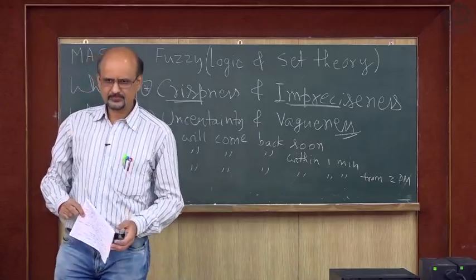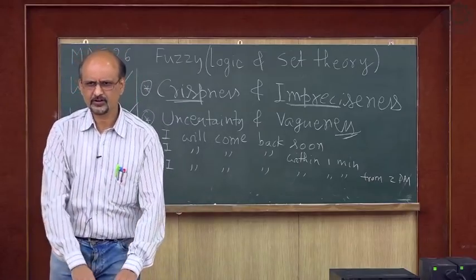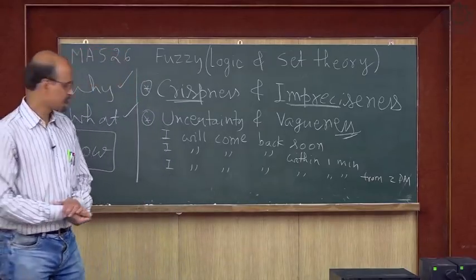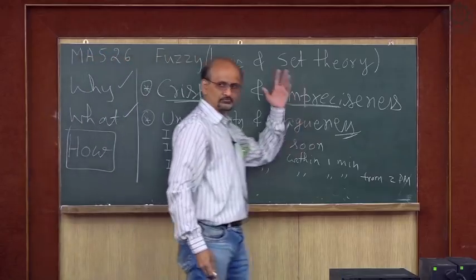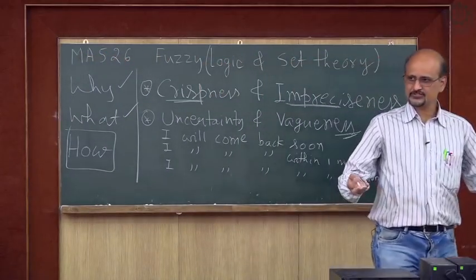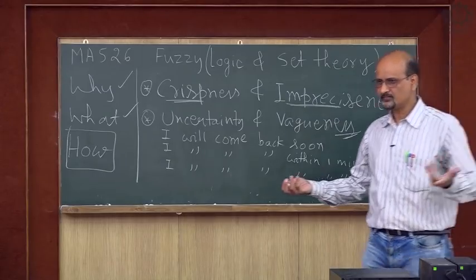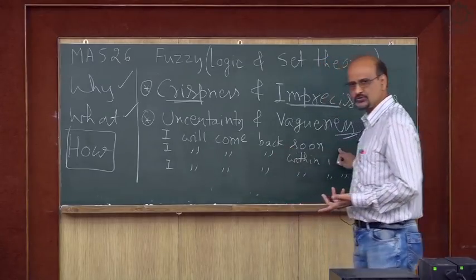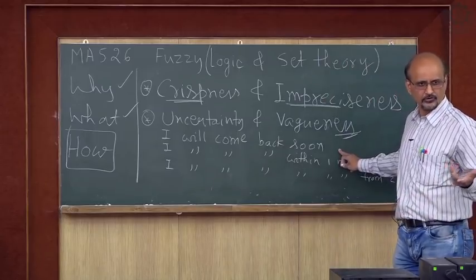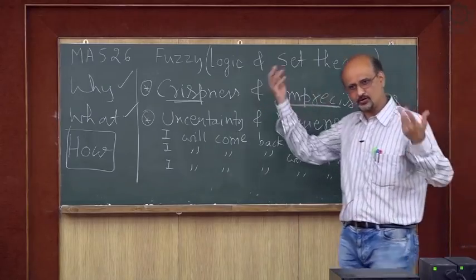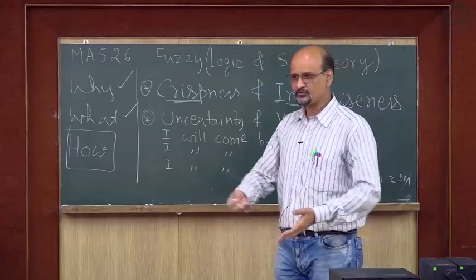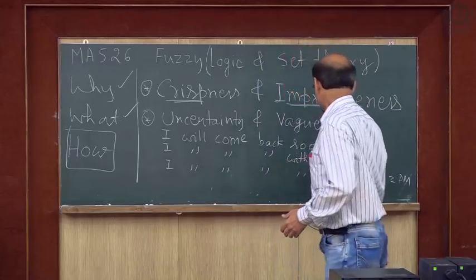See, these are similar sentences or not? "I will come back soon" means what do you understand? It is vague. When? I do not know when. Soon means it may be 1 hour, 2 hour, okay, or maybe within 2 minutes. So this is your vague.